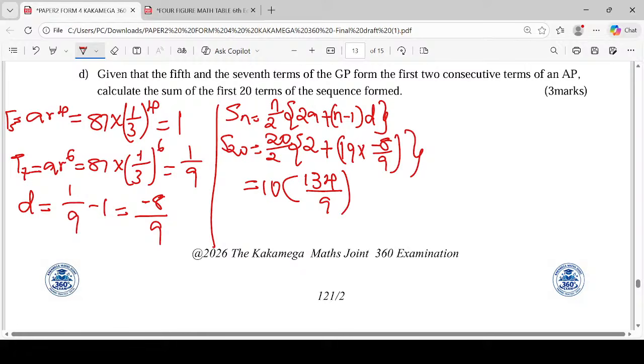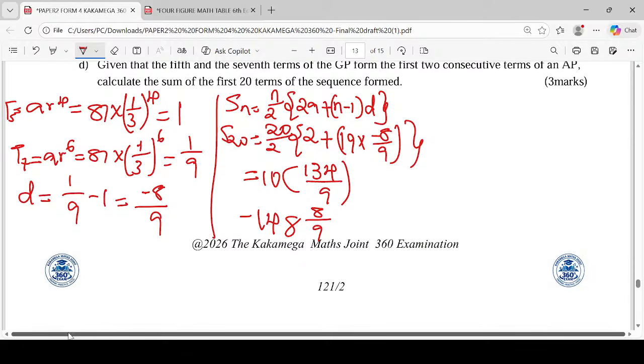When you multiply that by 10, I'm getting negative 1340 over 9. It is my hope that I've done it the right way. We proceed to the next part.